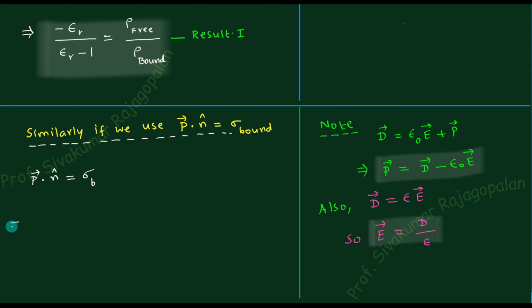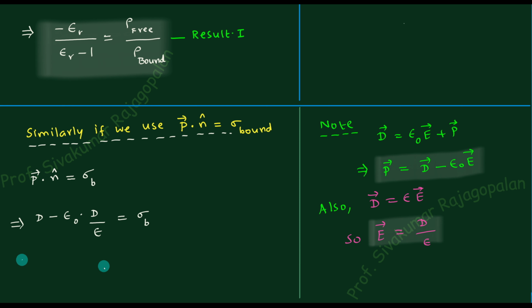Now we are ready to substitute all the expressions. What is the P that you are going to substitute? D minus epsilon naught into E, and that is equal to sigma b.